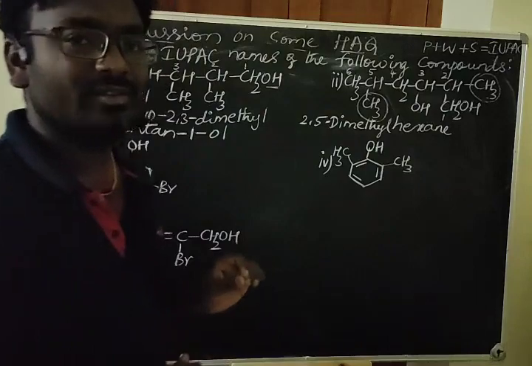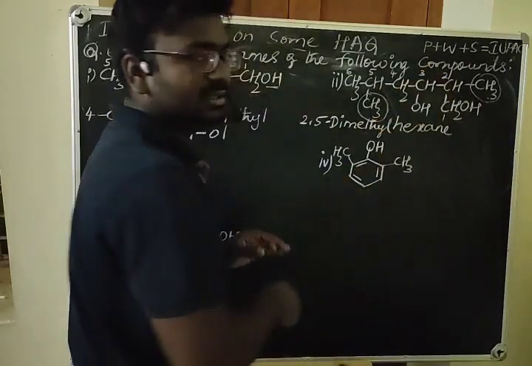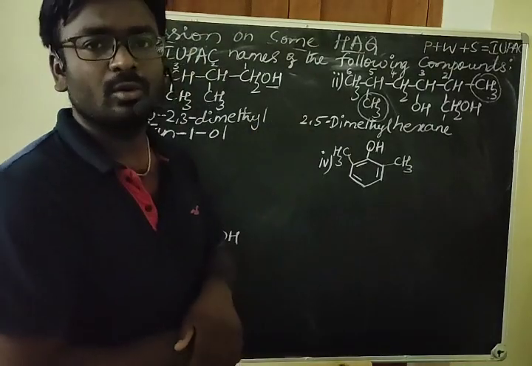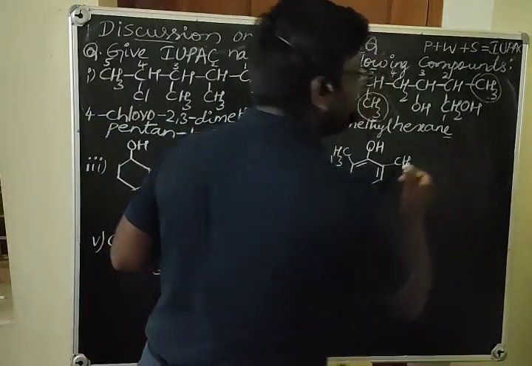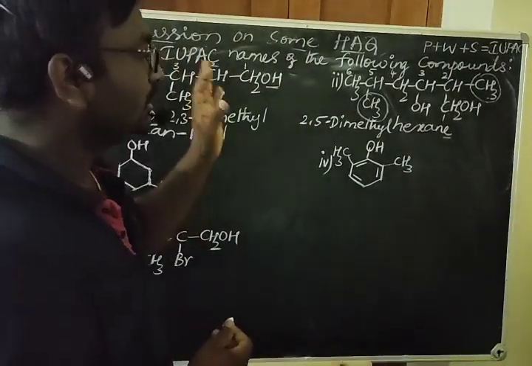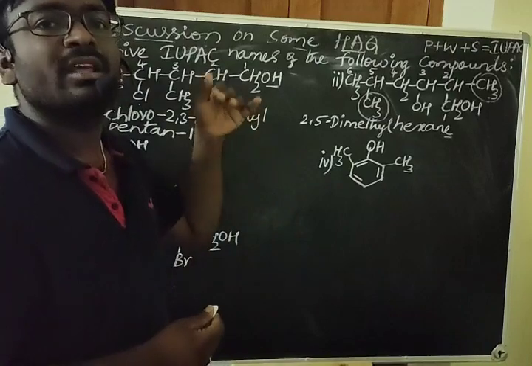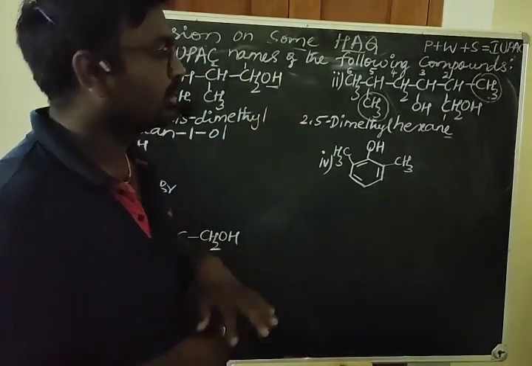And where there are functional groups at position 1 and position 3, there are two OH groups, so you should have this E; you should not replace that E. That must be there when more than one similar functional group is present.